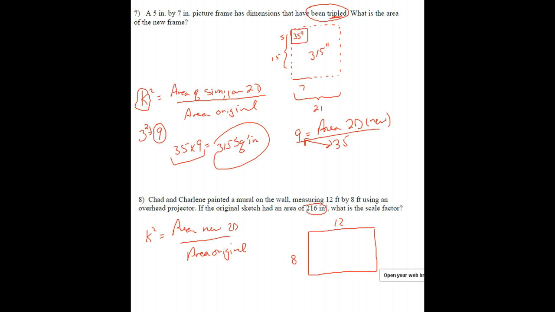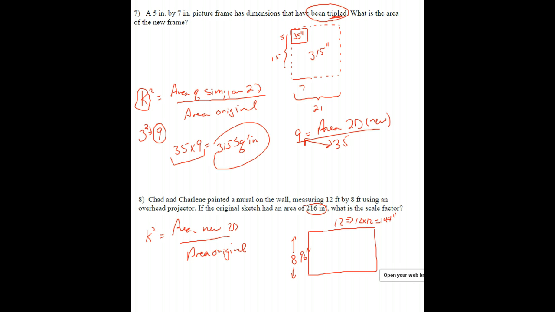What we do here first is convert this over to inches. So 12 feet, 12 inches in a foot, or 12 times 12. So it's 144 inches. This wall is 8 feet long, or 8 times 12, which is 96 inches.